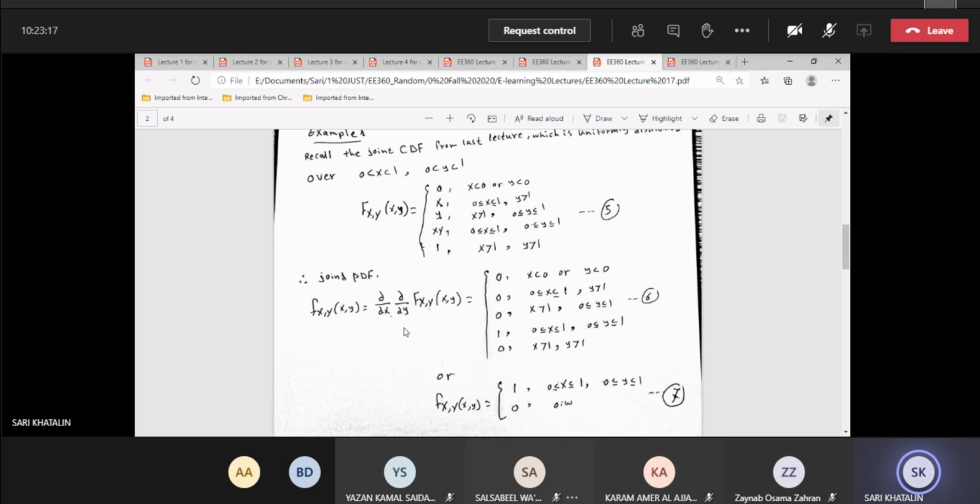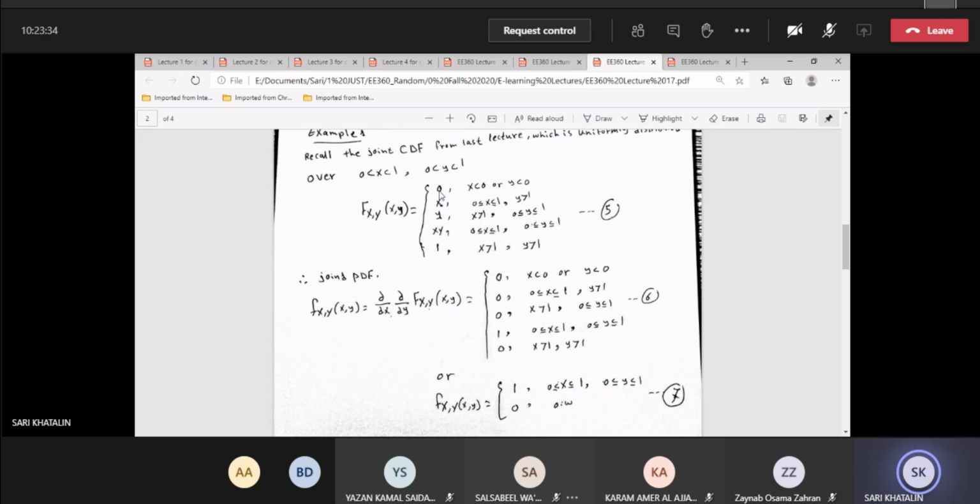Like I said at the beginning of this part of lecture 17, we take the second partial derivative. So we take the first derivative with respect to x.